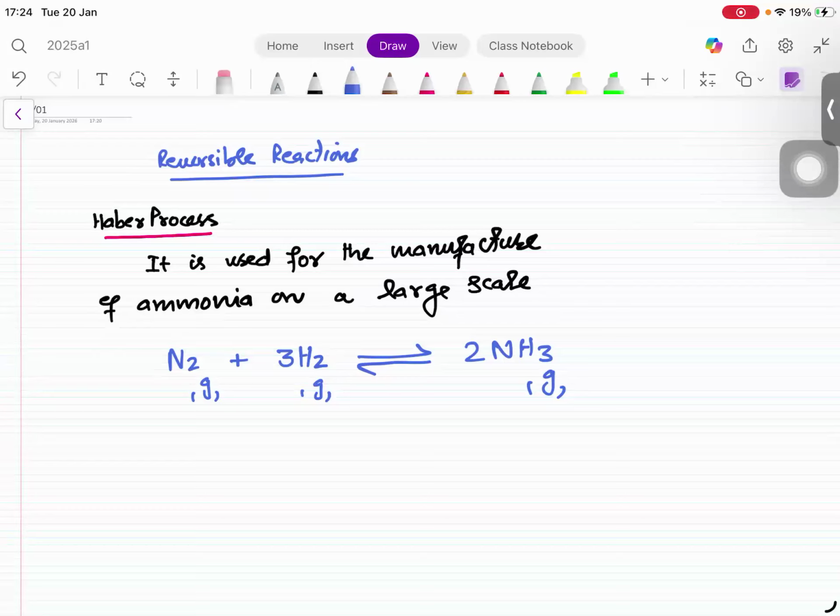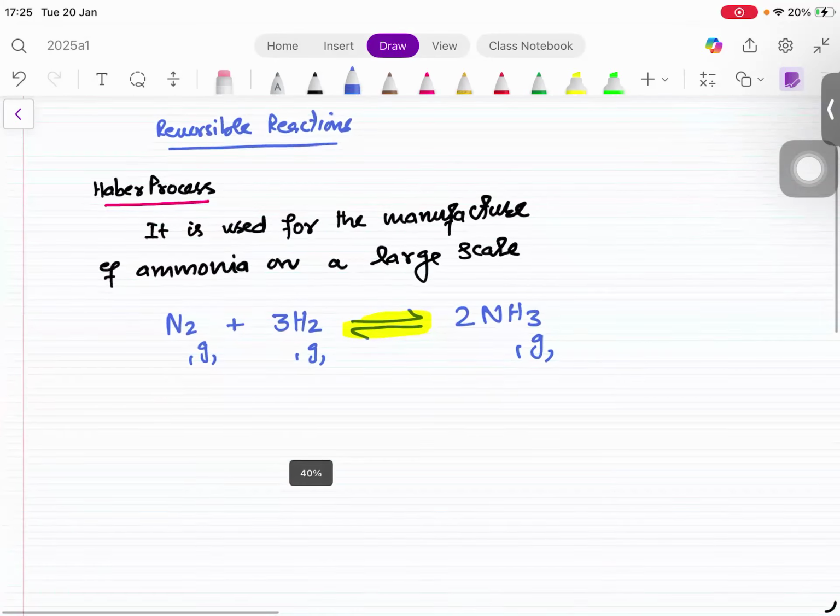Now, how is ammonia prepared in the industry on a bigger scale, the barrels of ammonia? This is the reaction in which nitrogen and hydrogen are mixed in a container to form ammonia. But the reaction, as you can see, is reversible. So first of all, we have to tell you the sources of the reactants, and then we can move on to the reaction conditions.